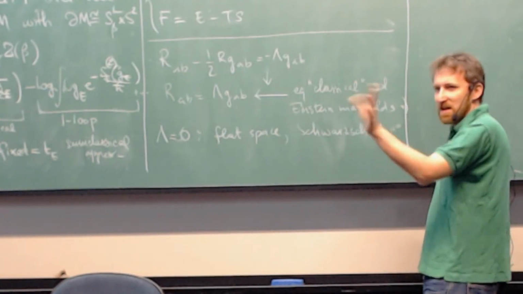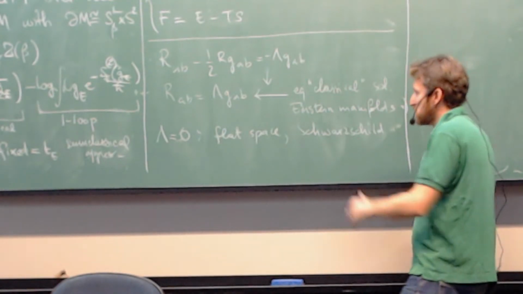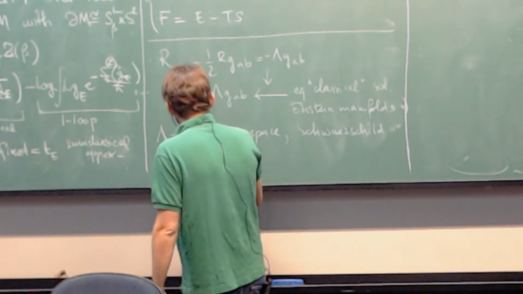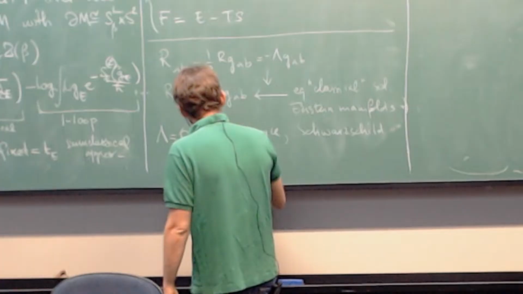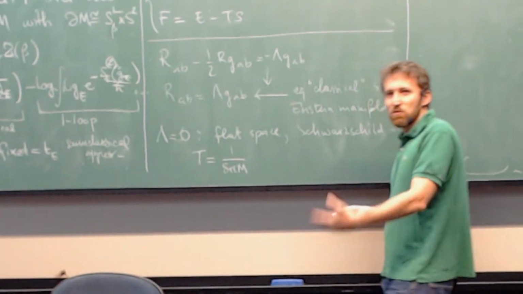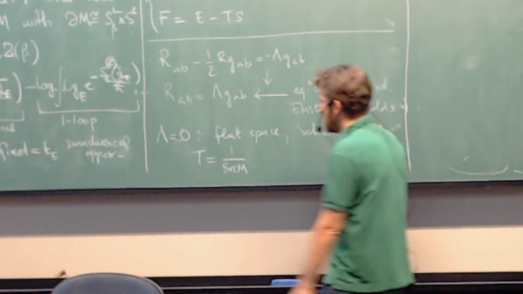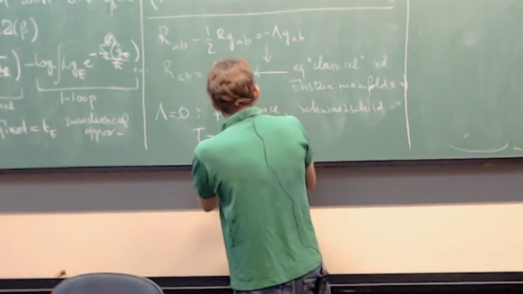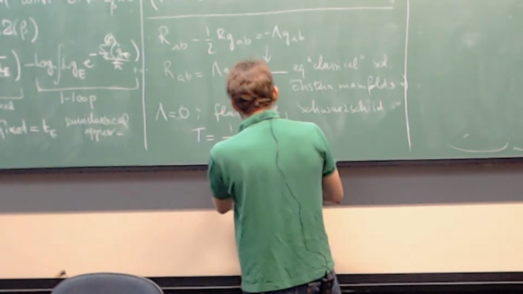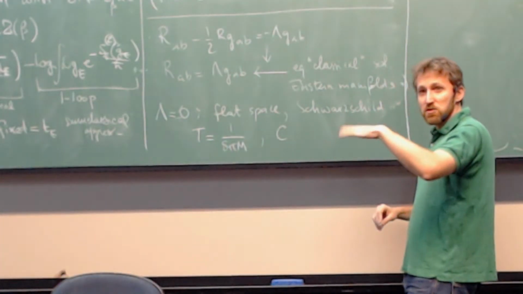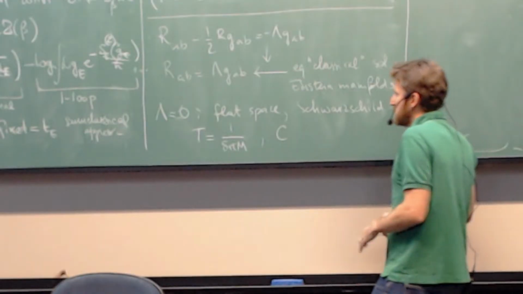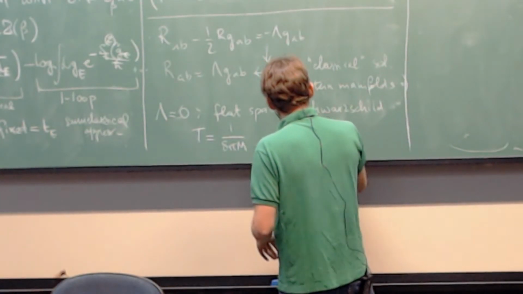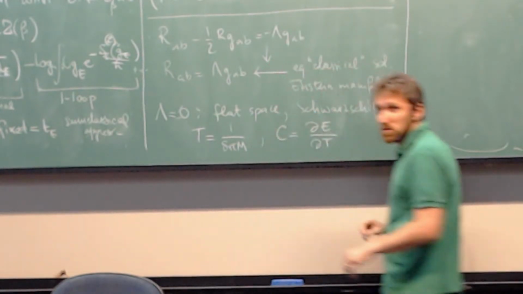I tell you that the Schwarzschild is the dominant contribution, suppose. Then you compute the temperature of the Schwarzschild using whatever method you want, including the ones that we used earlier, and you find that the temperature is inversely proportional to the mass. But this is a problem because if you have a thermodynamical system in the canonical ensemble, you can compute the specific heat, which is the variation of the energy with respect to the temperature.